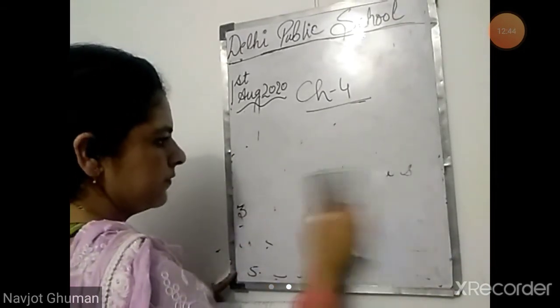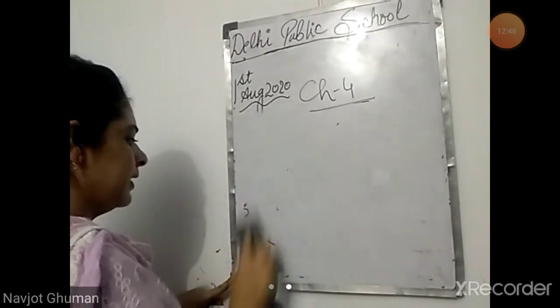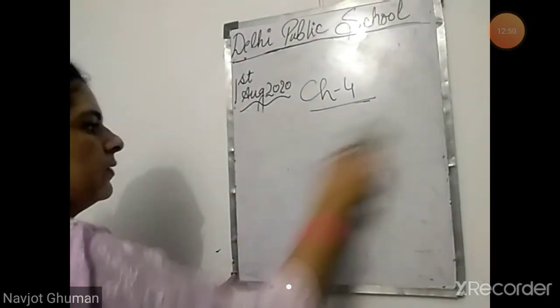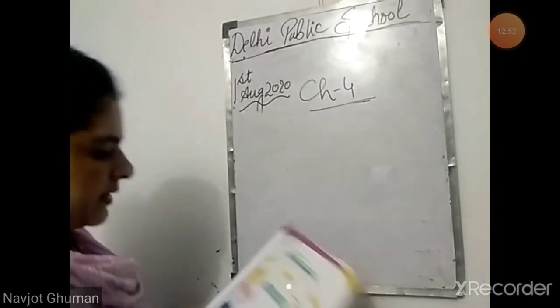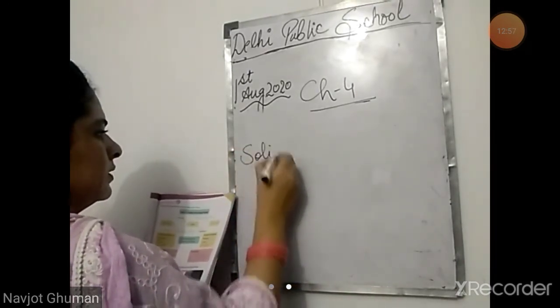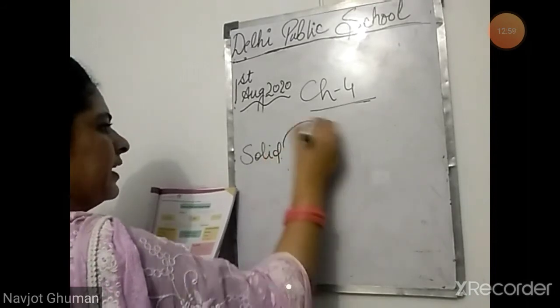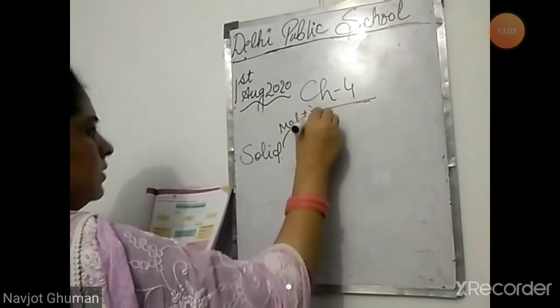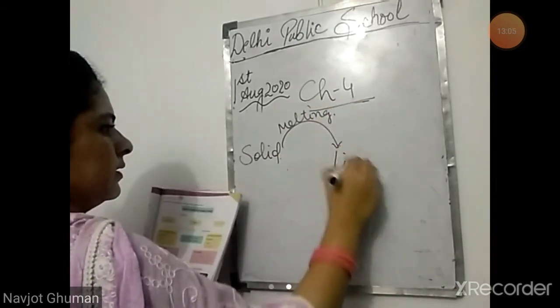There is a cycle given over there to show how states of matter change their form. First is solid. Solid, after melting, what do we get? Liquid.